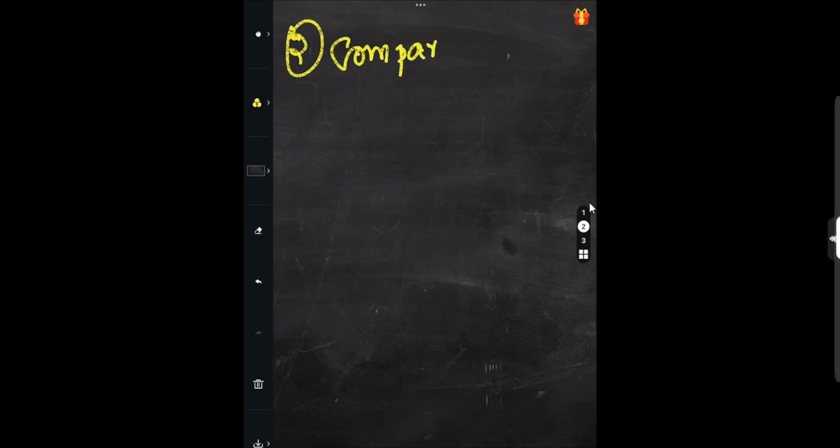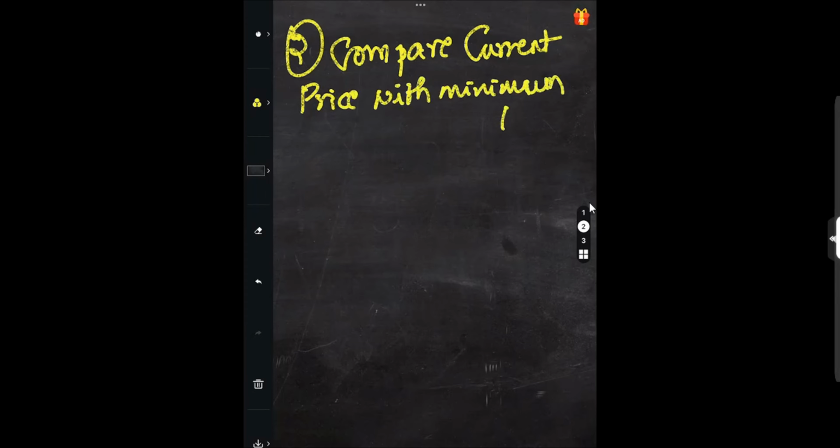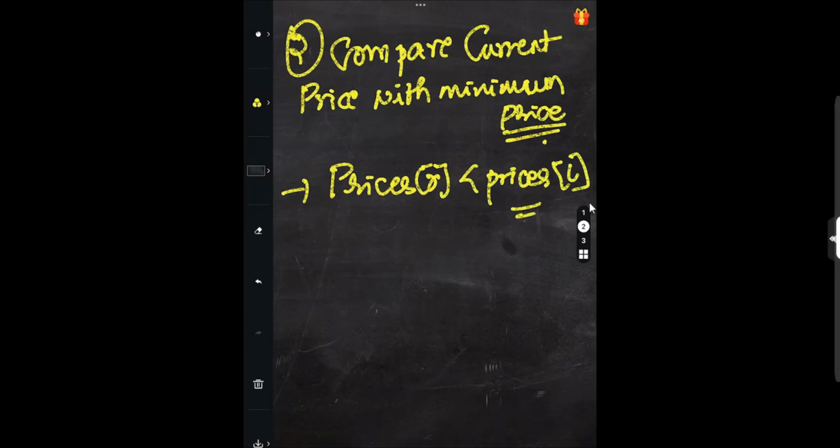While comparing, I'm speaking of the condition: if prices of R is less than prices of L, then we will update L equals R, because we found a new minimum price to buy.